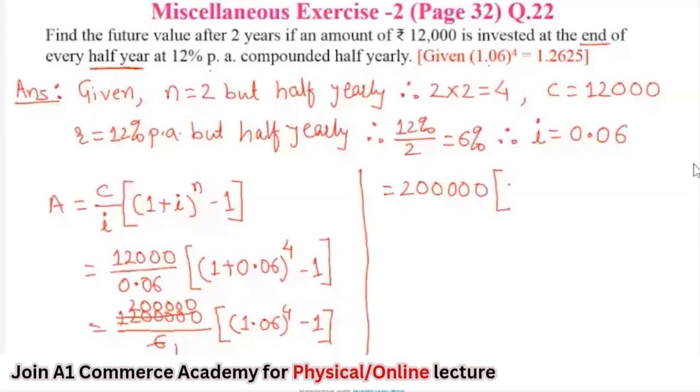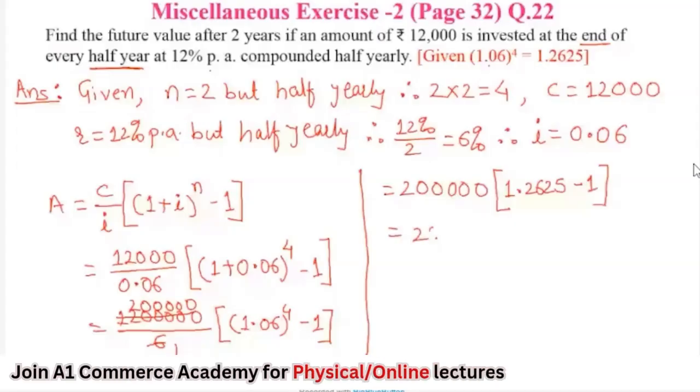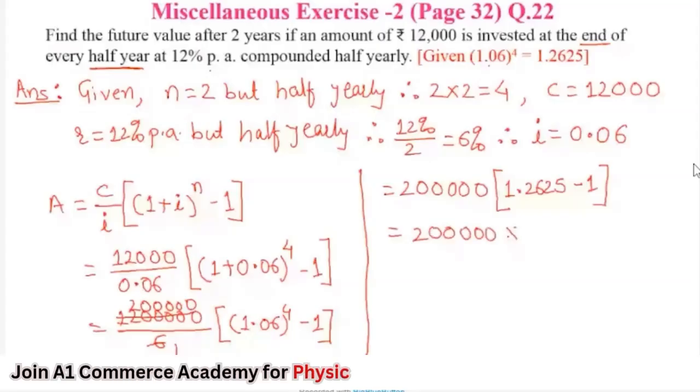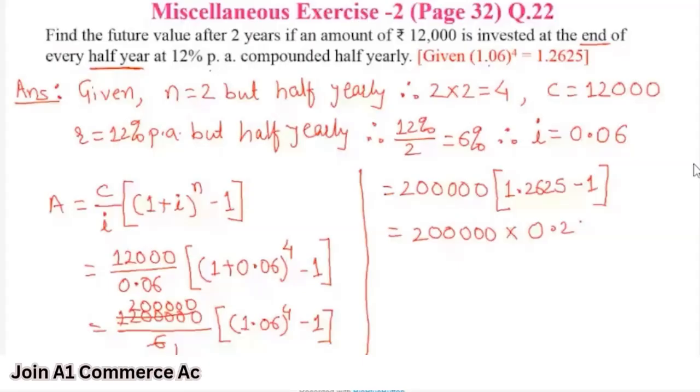In the square bracket, 1.2625 minus 1. So that is equal to 2 lakhs multiplied by 0.2625.